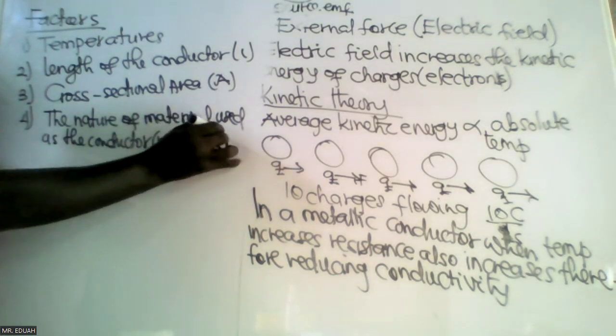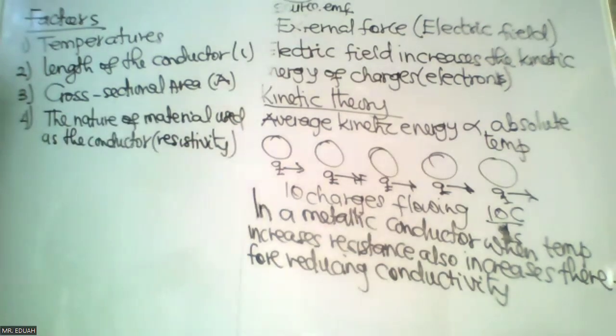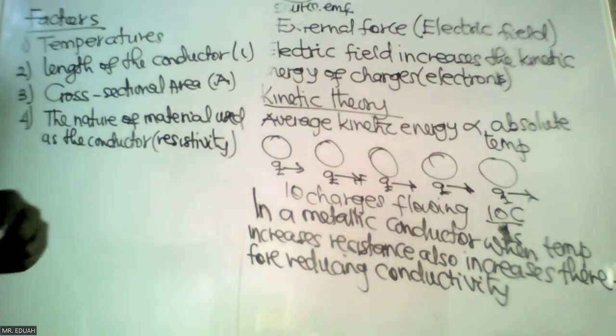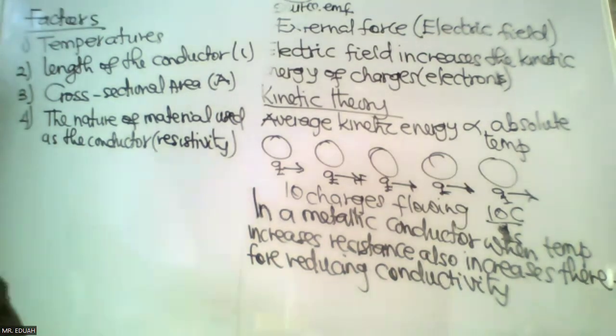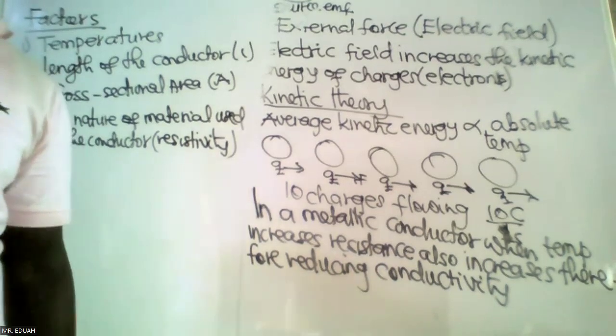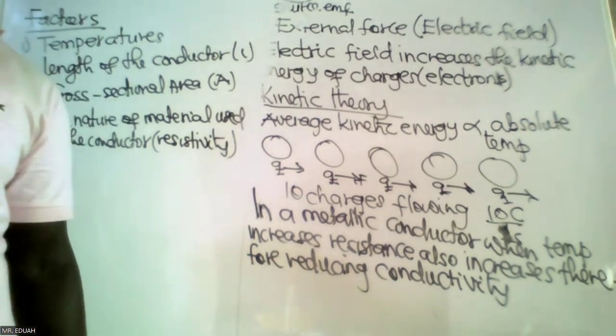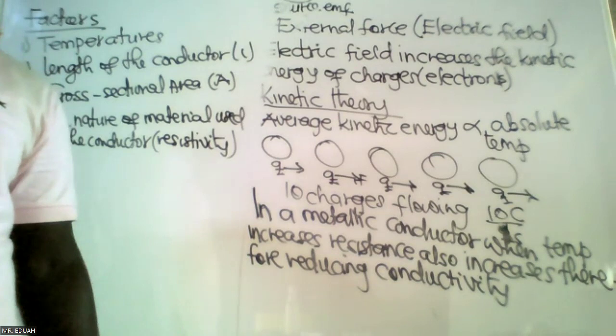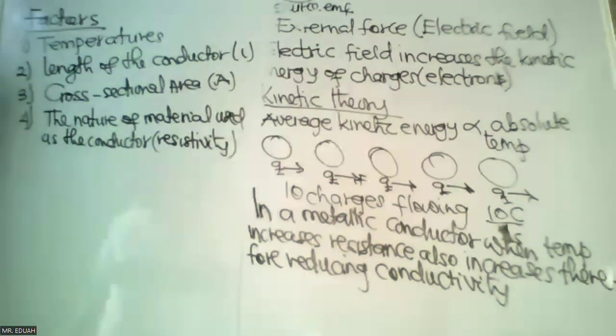Because different materials offer different opposition to the flow of current. So if you use aluminum, you get different resistance. If you use copper, you equally have a different resistance, and so on and so forth. Different materials offer different opposition.